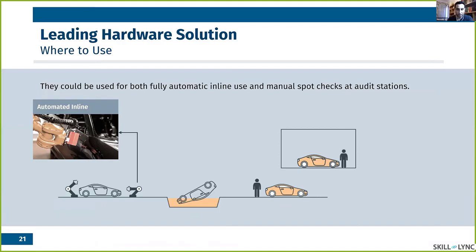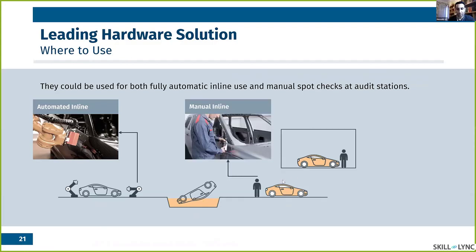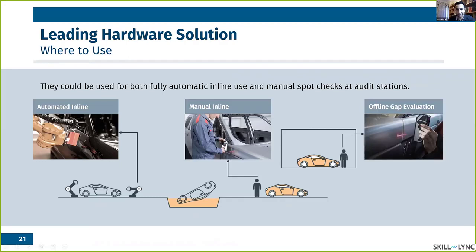Then after the painting, we would have a painted car here, which again can measure the gap and flushness by these handy tools. And then after the complete production, we would have an upline gap evaluation with this tool, which again does the same thing.